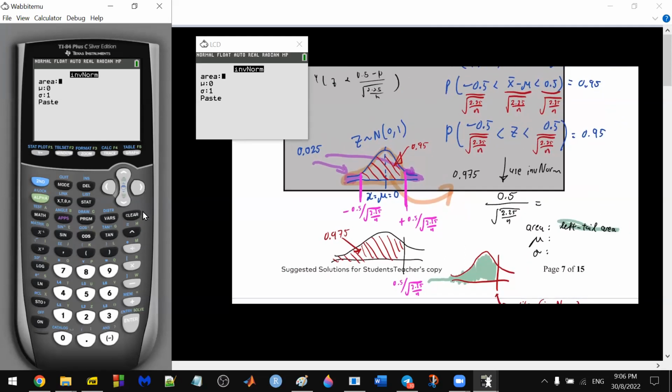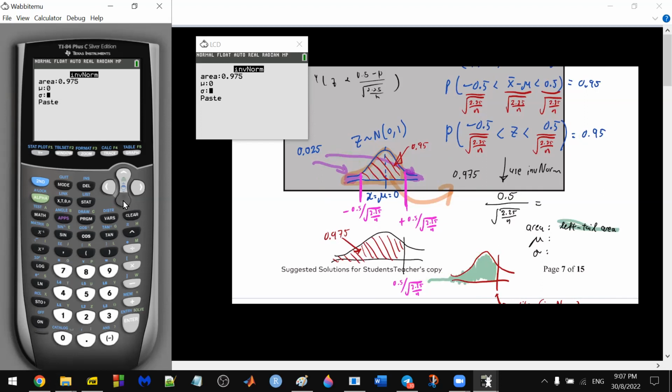Is it 0.95 or 0.975? 0.975. It must be the entire left tail area. 0.95 is the middle area, which doesn't include the left half, which is bad. So we key in 0.975.